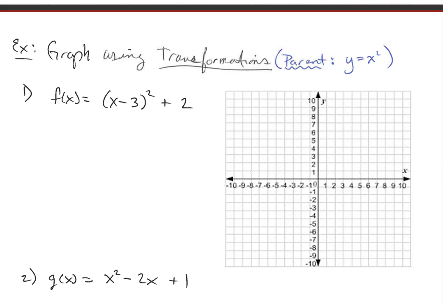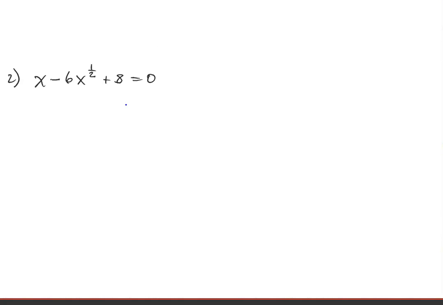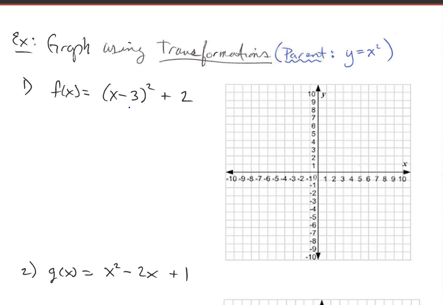So we're going to have to go through and identify what these transformations are. Recall that when you see x minus 3 inside the parentheses of this quadratic, that minus 3 means we actually are going to move things right 3 units.